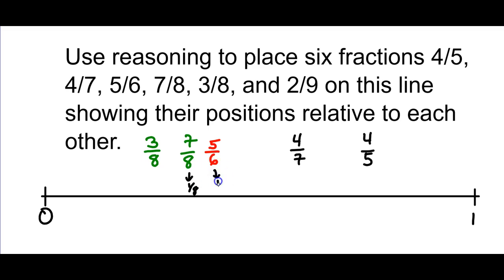On this one, I would have 1/6 left over. And so which one's larger, 1/8 or 1/6? Well, 1/6 is larger, which means that this right here is a smaller fraction than this one, because this one only gives you a tiny sliver left. This one gives you a nice good slice of pizza left. So this is a larger fraction. So I know that 5/6 must be less than 7/8.